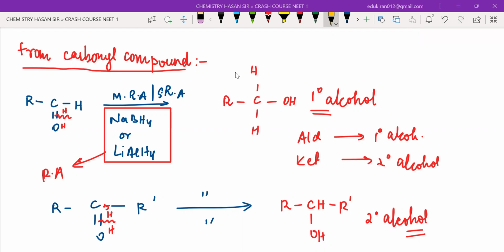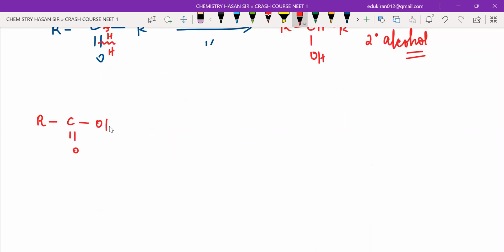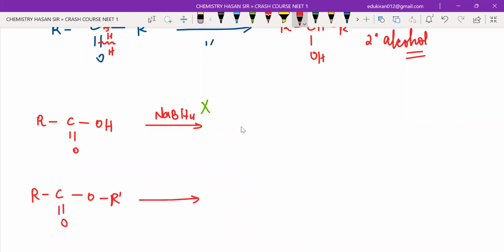Now see, we are going to reduce carboxylic acid. Always remember that if you are going to use NaBH4 on carboxylic acid, it will not work. Or if you are going to use NaBH4 on ester, it will not work.